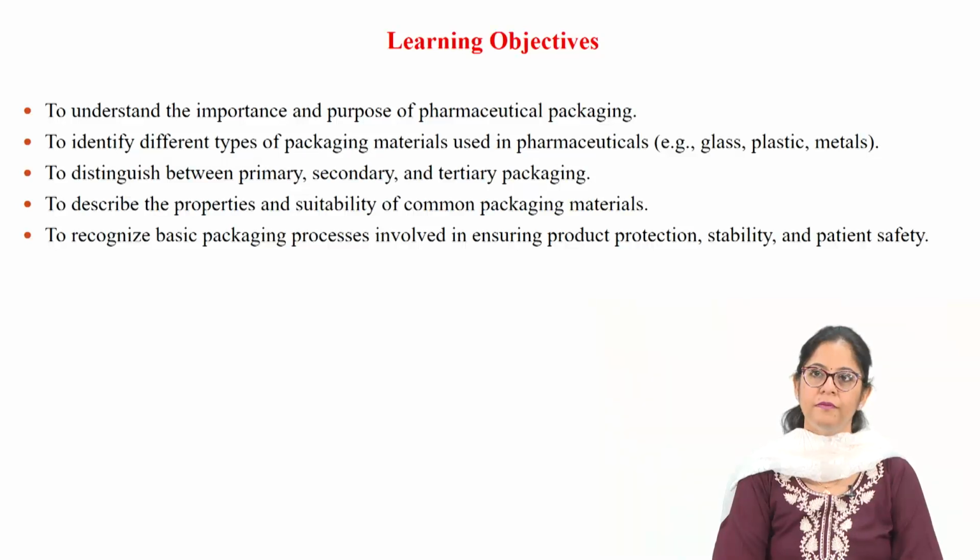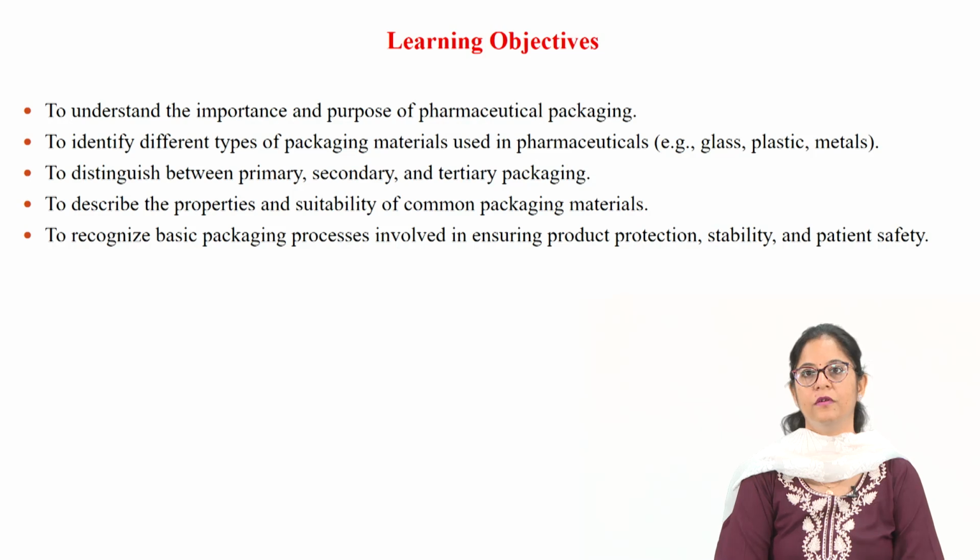Today we will be looking into a few more types of materials which are used in the packaging of pharmaceutical dosage forms. So this current lecture will help us look into various kinds of materials used for pharmaceutical packaging.